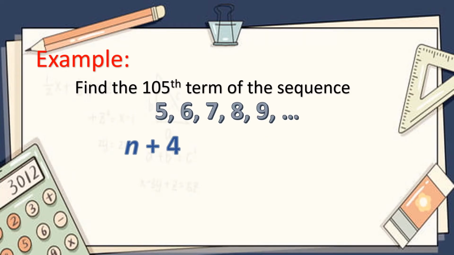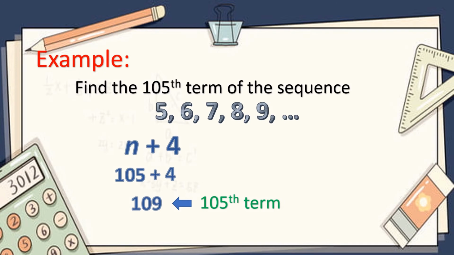Using the n plus 4, we will substitute n by 105 because we want to know the 105th term. So, n plus 4 becomes 105 plus 4, which is equal to 109. Therefore, the 105th term is equal to 109.